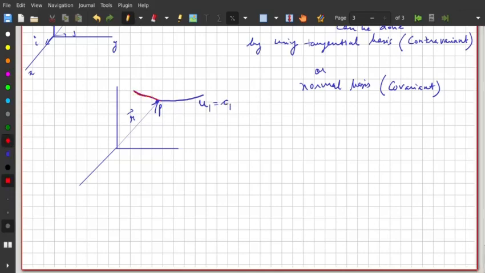Okay, so you see at point P we can define a tangent plane.